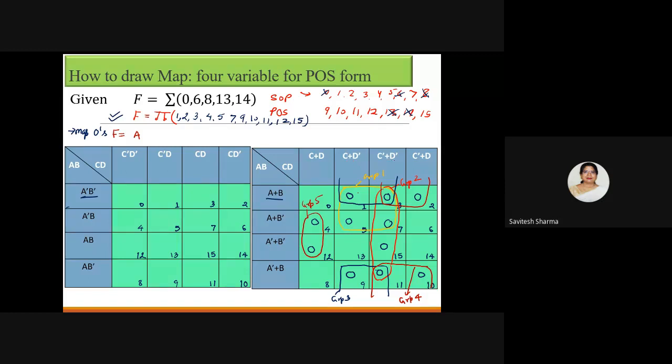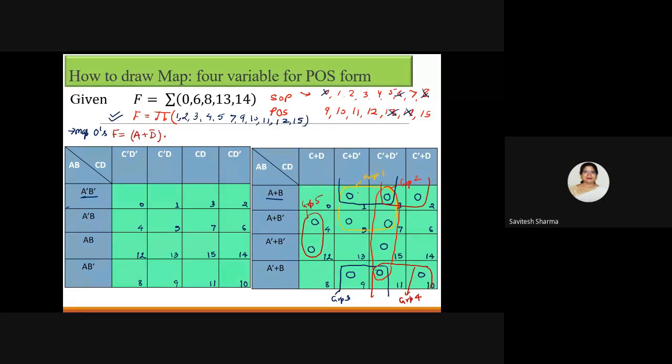So you will take only D complement. But this time you will not write dot, you will write plus. Got it? And now this is the term for group 1, completed. This time I will write all variables separated with the plus.